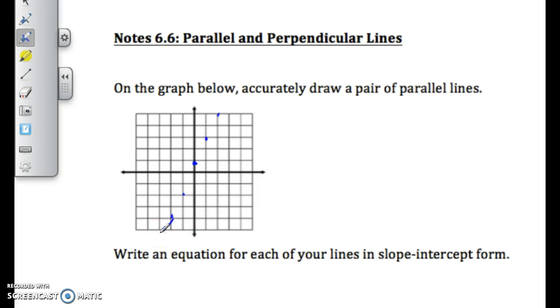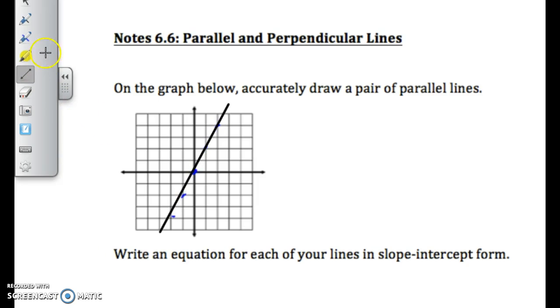So here's my one line. Oh, wait. I think I will erase that and do a better job of drawing that line. So let's just do this. See if I can make this better.